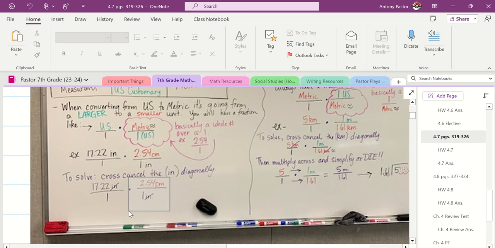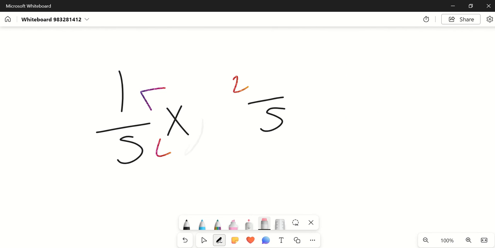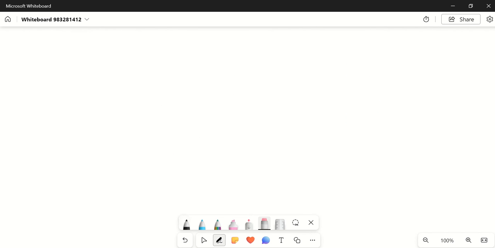And this is why we wrote it like this. And this is called a ratio. 1 inch equals 2.54 centimeters. Now we have 17.22 inches. We want to find out how many centimeters that is. So we put it as a ratio. And I know this is a bit confusing, but this is what it actually turns into.